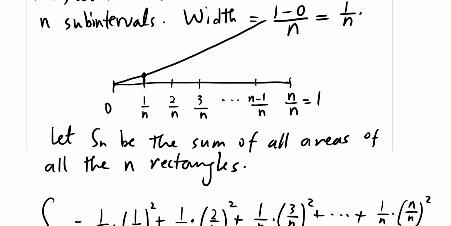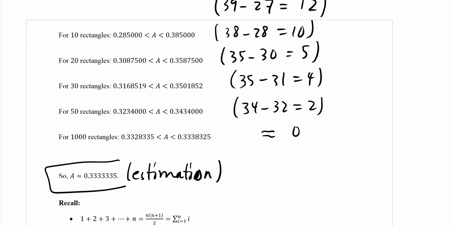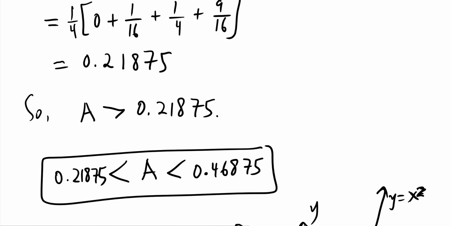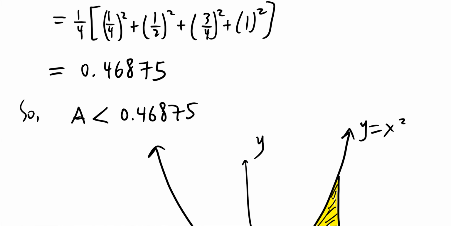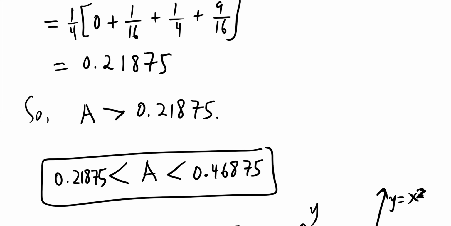And notice if you go back up here, our guess was this one. Notice how 0.333 is very close, right? The first bound we had, in the box, was between 0.21 and 0.46. So that was the first bound just for 4 subintervals. But if you have n of them and take n to infinity, that gives you exactly the area under the curve.